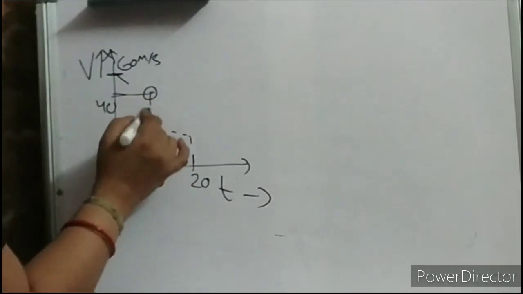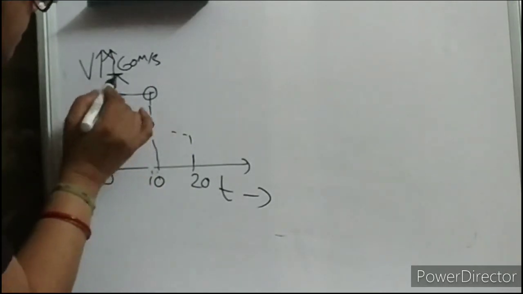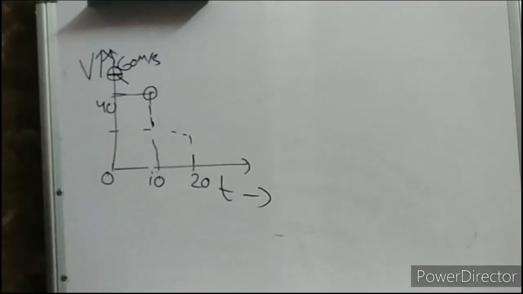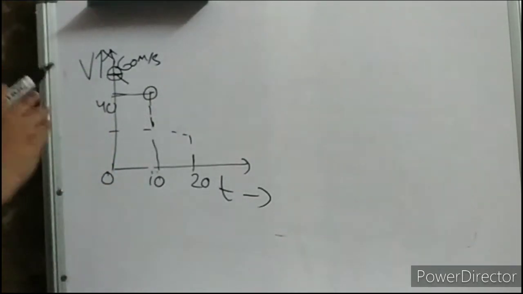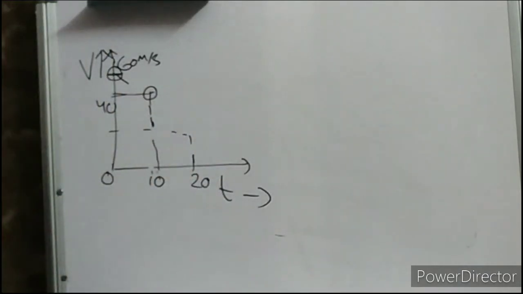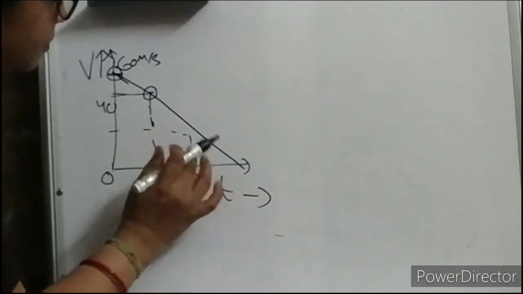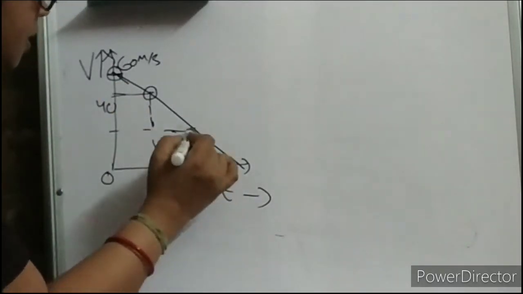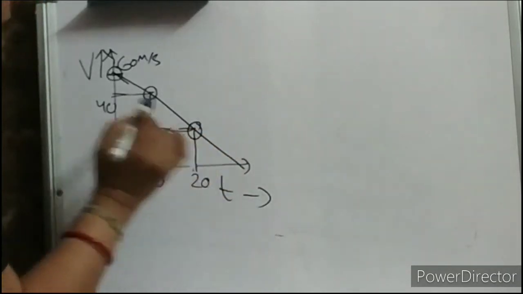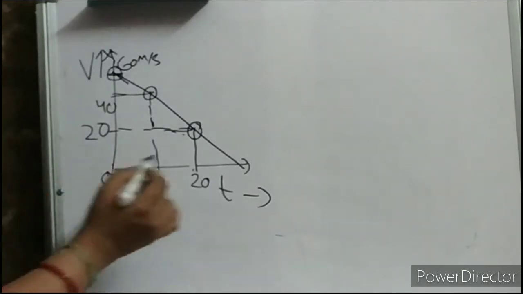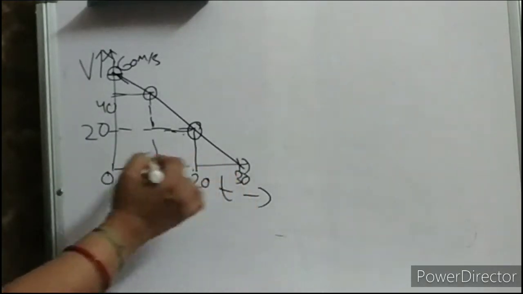Like this. So at the starting point the velocity is 60 meter per second. Slowly the velocity is decreasing as time is increasing. That means we are talking about retardation, children. So your graph will be like this. This is for 20. Okay. 60, 40, 20, and at 30 it becomes 0.